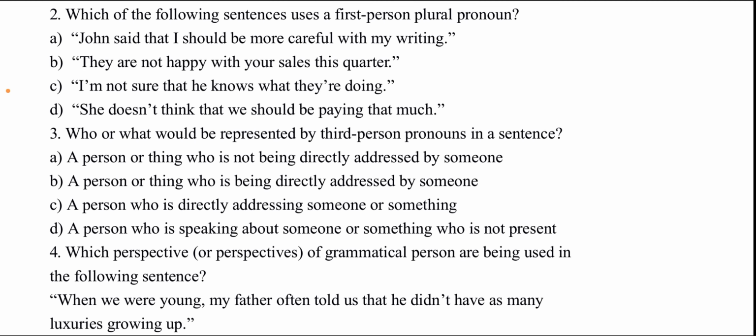Option D, a person who is speaking about someone or something who is not present. The right answer is option A, a person or thing who is not being directly addressed by someone. Because third person refers to someone or something being talked about, he, she, it, they, not the speaker or listener.